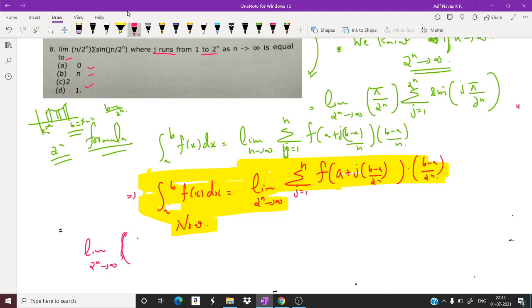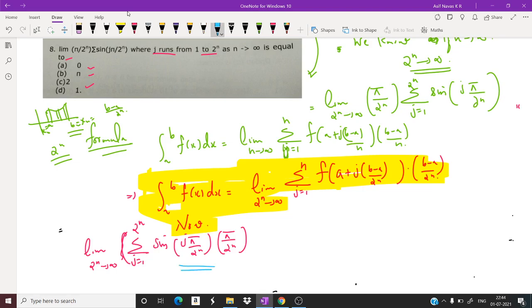I'm writing like this: summation j equal to 1 to 2 raised to n sine j pi by 2 raised to n into pi by 2 raised to n. Okay, now from this we will equate.